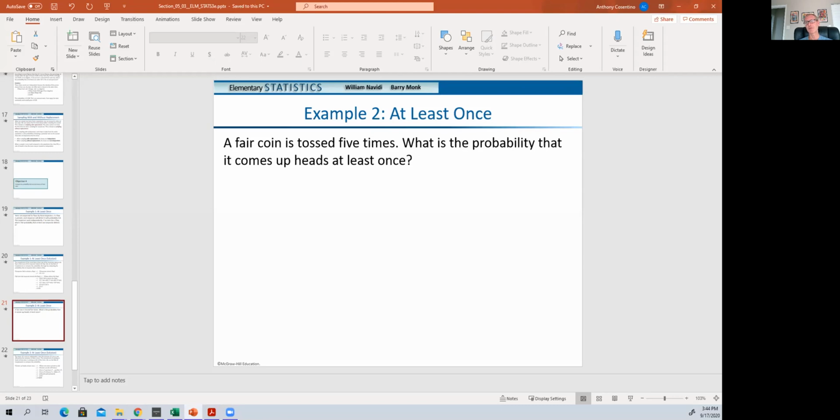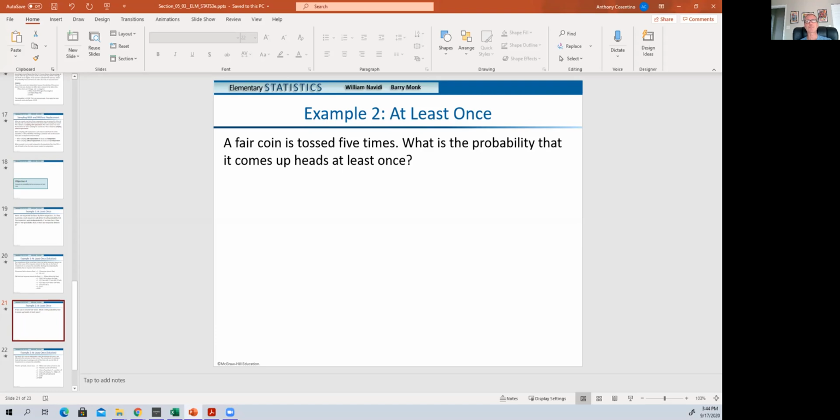And remember, for a fair coin, the probability of heads would be 1/2, and the probability of tails would be 1/2. And if you flip 5 times, what happened the first time does not affect what happens the second time, third time, fourth time, fifth time. So what's nice is these are all independent events. And again, when you do this calculation, there will always be independent events. The calculation for dependent events is very complicated. We're not going to talk about it in this class.